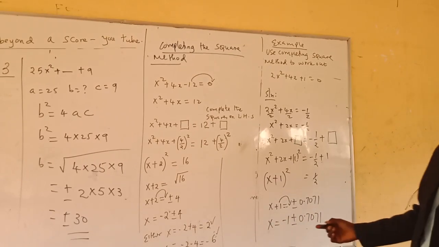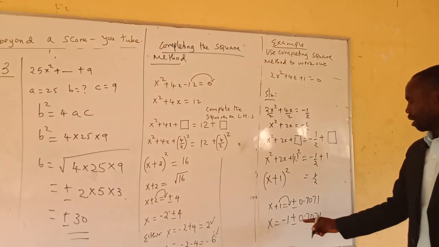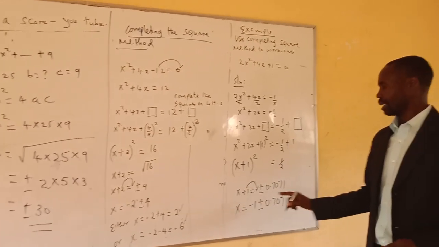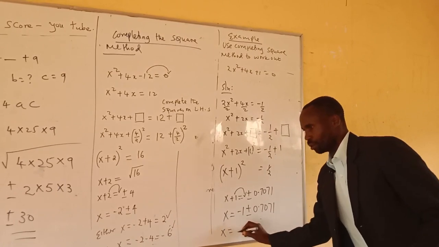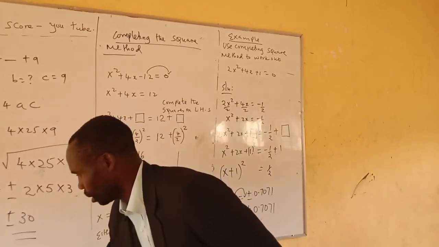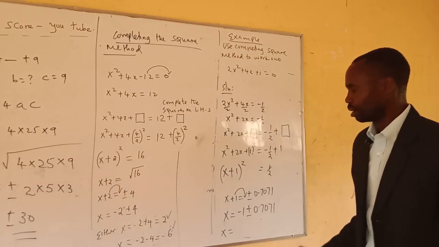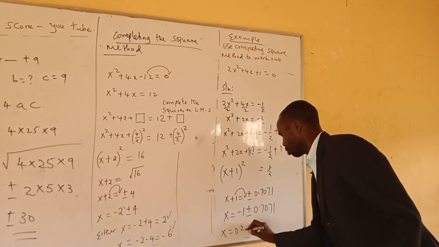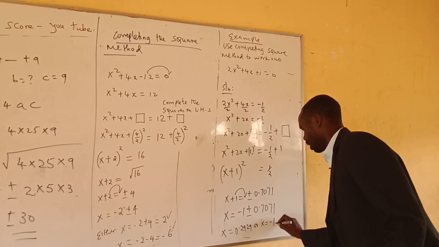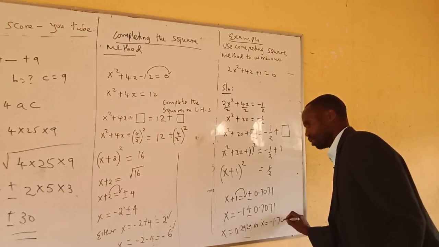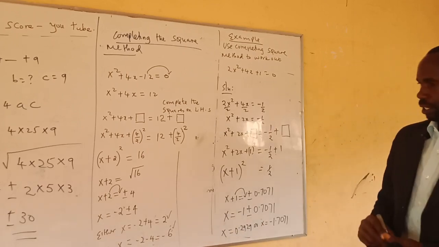So either x equals negative 1 plus 0.7071 or negative 1 minus that one. There are two answers for x. x equals negative 0.2929, or x equals negative 1.7071.